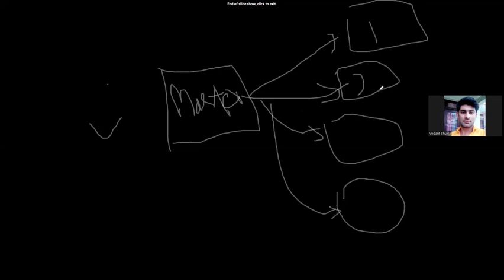This is 1, this is 2, this is 3, and this is 4. These all are what? Worker nodes. There is a master node, and it communicates with 1, 2, 3, and 4.